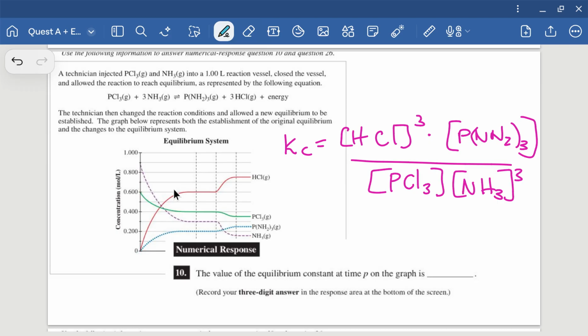So you're writing the expression, and then you're just looking at the graph. If I want HCl at point P, it's 0.6, and I need to plug that in and cube it.